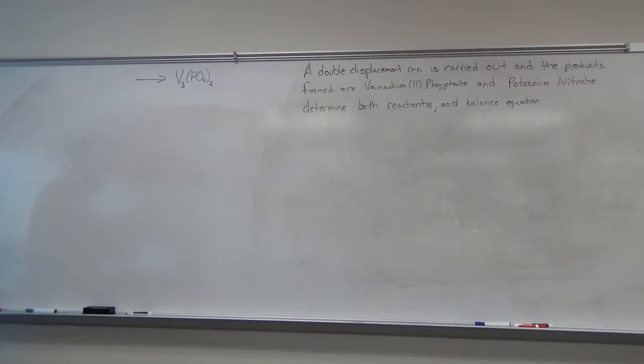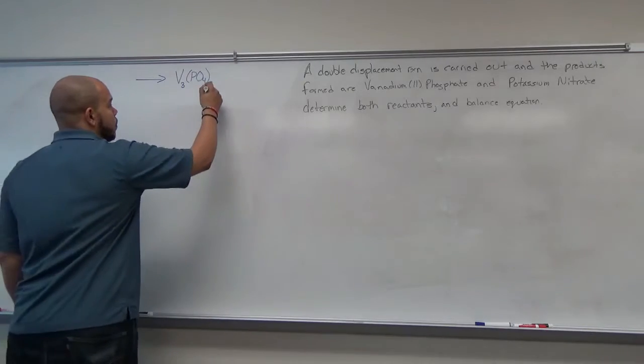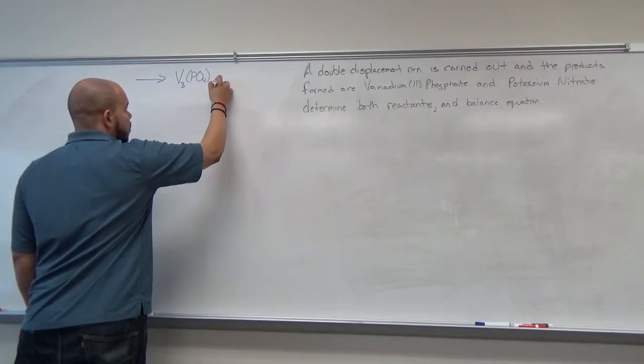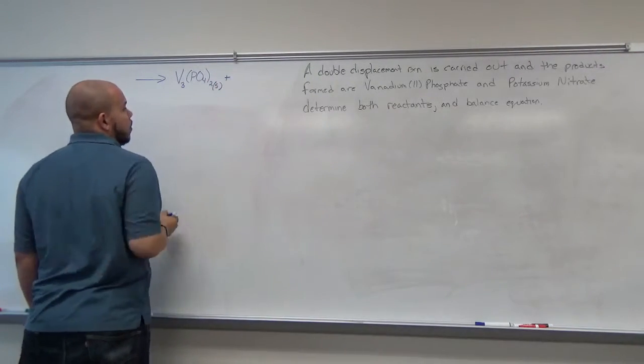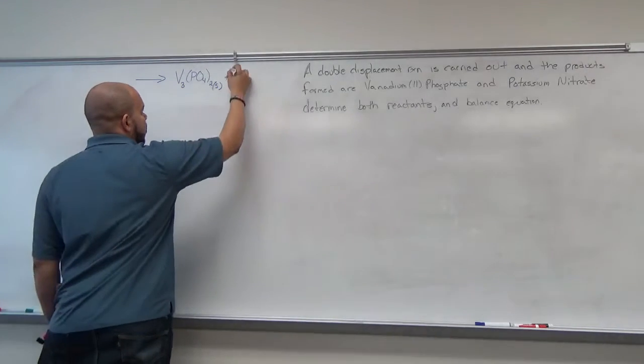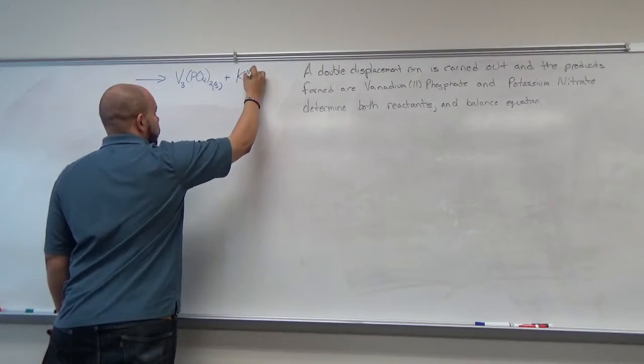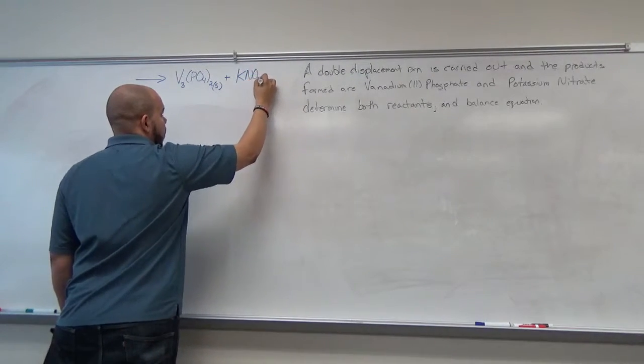Well, if you look at your solubility rules, phosphates are insoluble except for ammonium and alkali metal cations. So this is solid. Potassium nitrate, KNO3, aqueous.